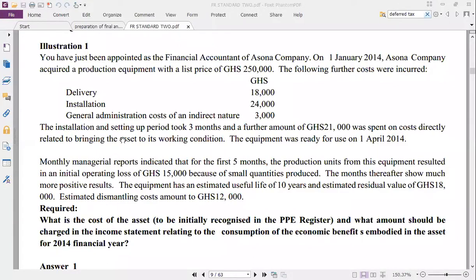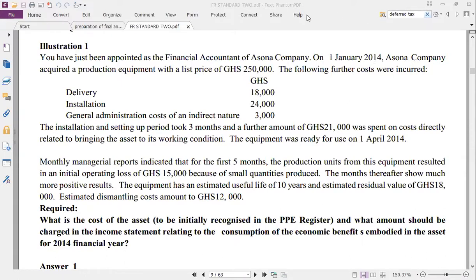The installation and setting up took 3 months, and a further amount of 21,000 cedis was spent on costs directly related to bringing the asset to its working condition.